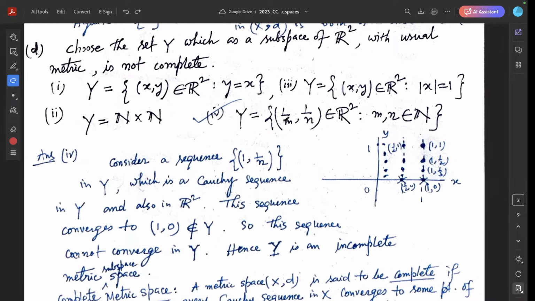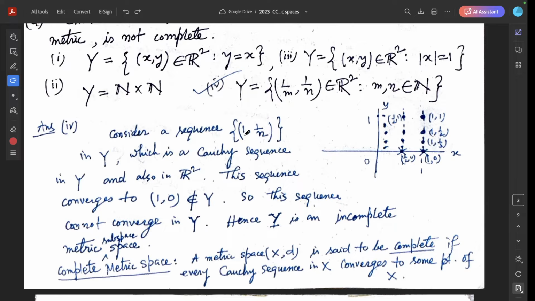For fixing m equal to 1, this is the sequence of points. Again, with m equal to 2, we get (1/2, 1), (1/2, 1/2), and so on, and these points approach (1/2, 0).